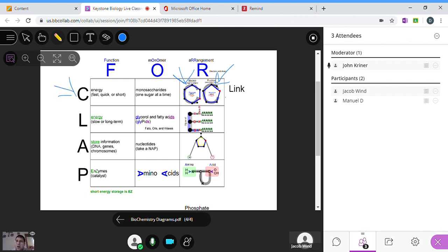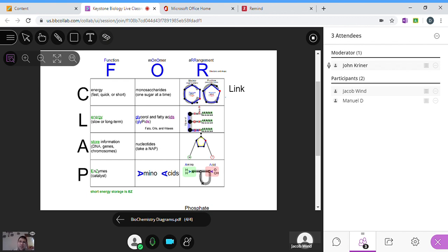One might be starch or glycogen, where you have hundreds and thousands of these small repeating subunits here, glucose and fructose, all bound together to make this macromolecule called carbohydrate. So each small subunit is called a monosaccharide, and together, when you have a large number of them, you have a polysaccharide, saccharide meaning sugar.